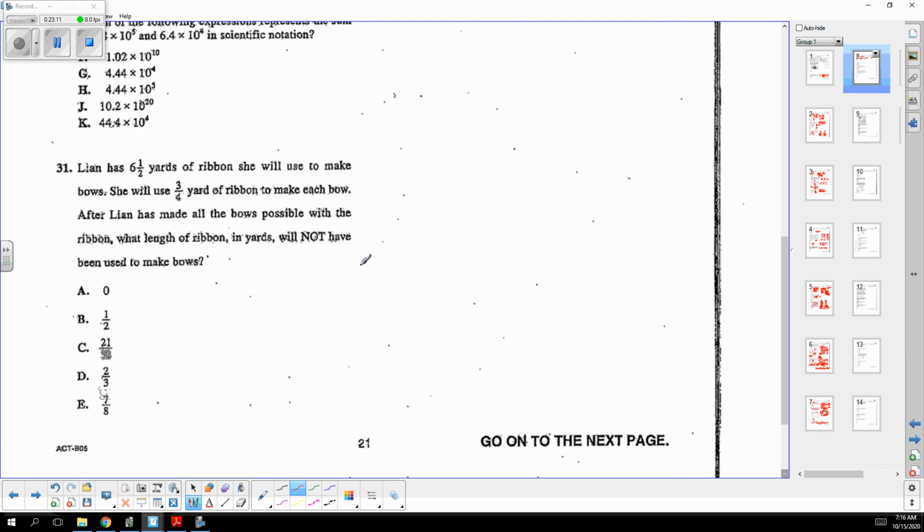31 drove me crazy. We have 6.5 yards, and we use 3/4.